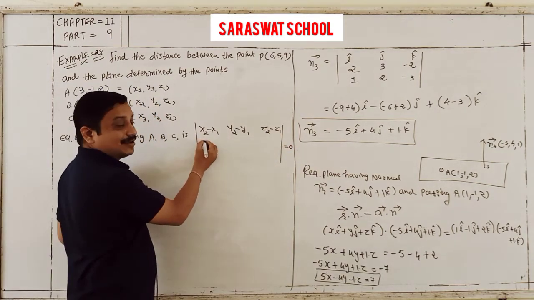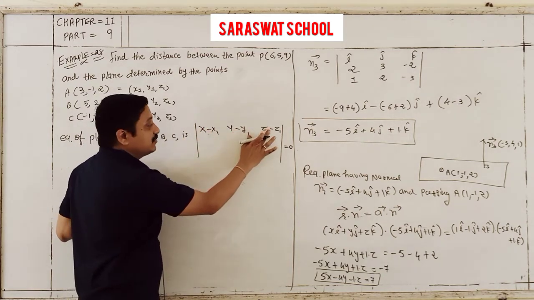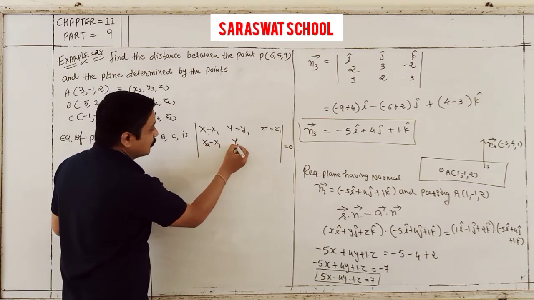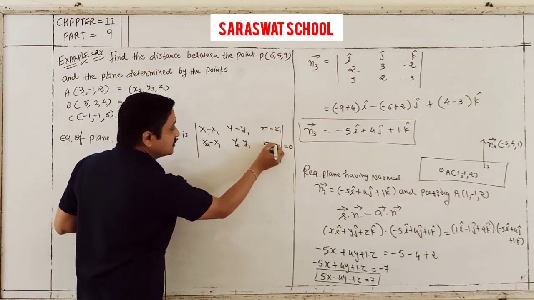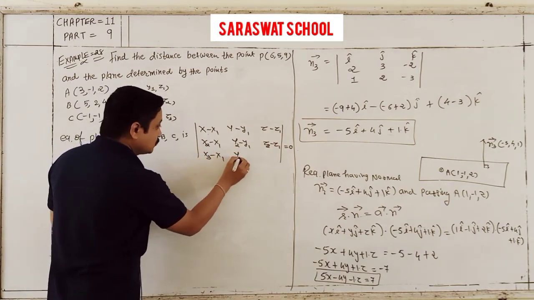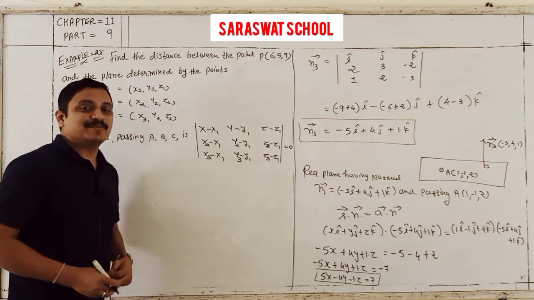Sorry, I wrote it wrong: in the first line x minus x1, y minus y1, z minus z1. In the second line, x2 minus x1, y2 minus y1, z2 minus z1. Last, x3 minus x1, y3 minus y1, and z3 minus z1.